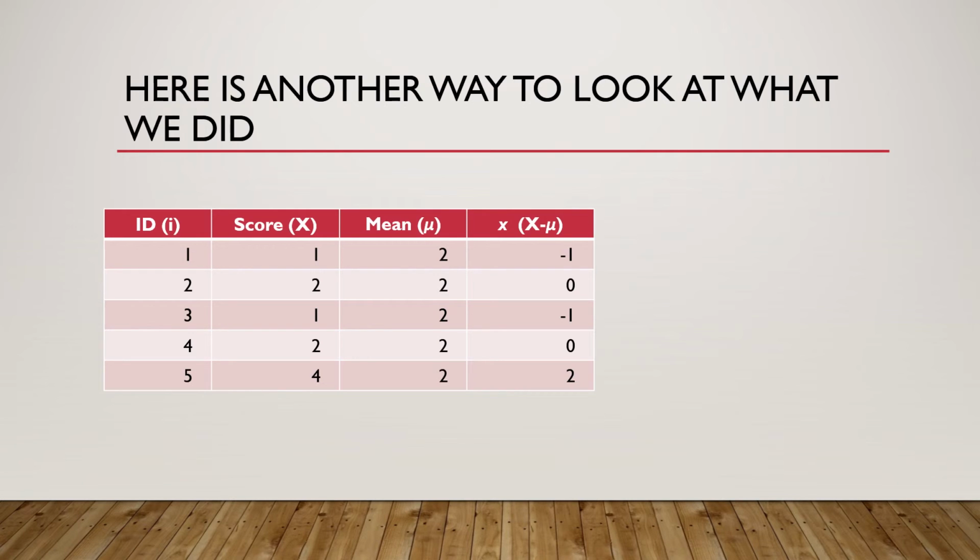That is the -1, the 0, the -1, the 0, and the 2 that we saw in that revised number line. So that gives you a column-by-column flow of what we've accomplished so far. And that's how we center our scores.